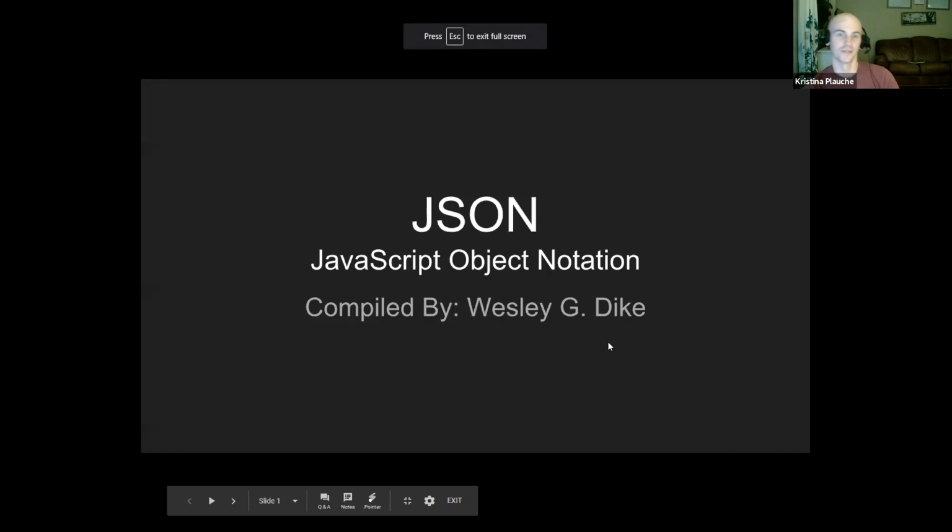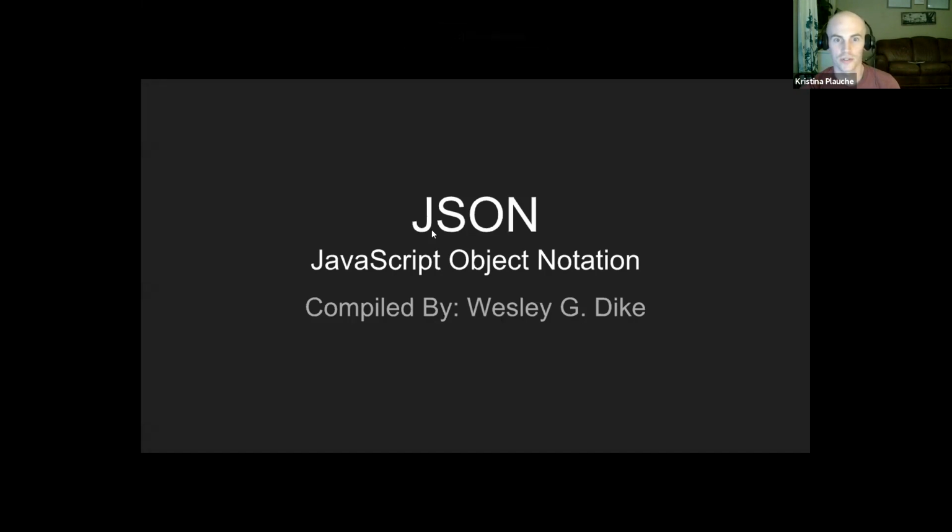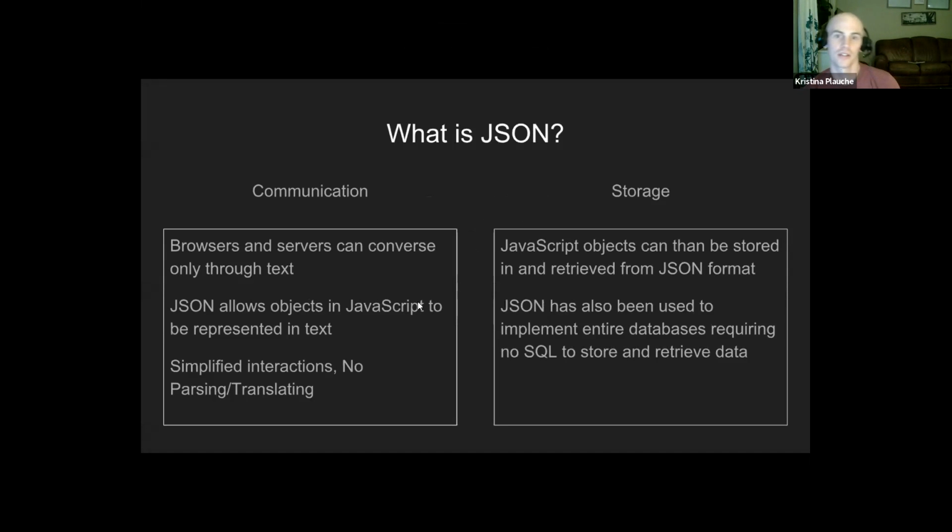All right. So I was doing JSON, which is short for JavaScript Object Notation. JSON is a tool you can use in JavaScript that allows you to turn a JavaScript object into a string. That allows for easier communication of data between a client and a server.